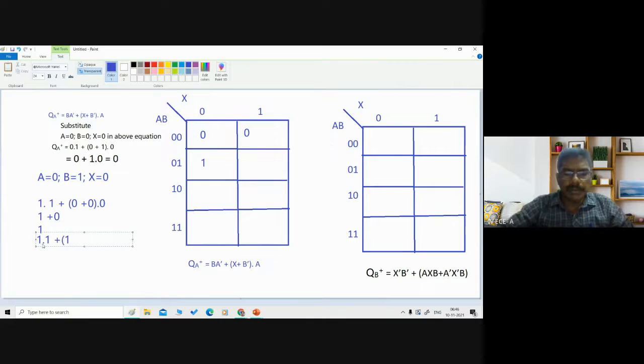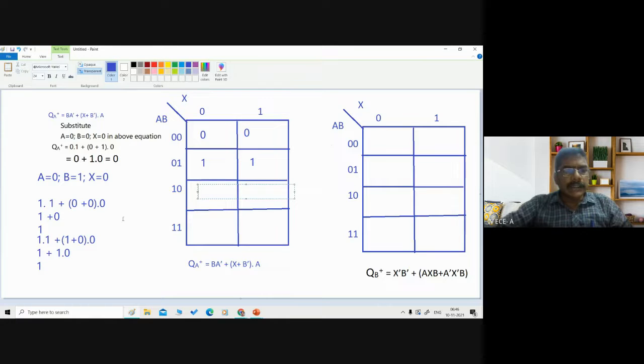So 1 plus 0 into A value is 0. So the second portion becomes 0, right? So 1 plus 1 equal to 1, plus 1 into 0 equal to 1. So here also we get the answer 1.